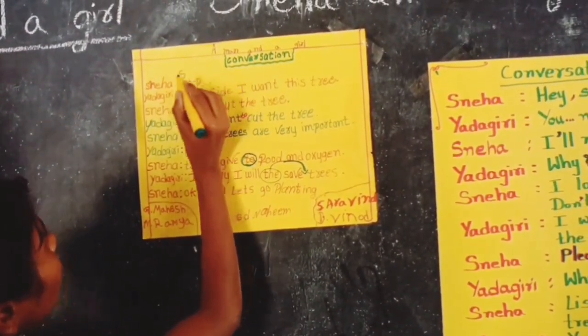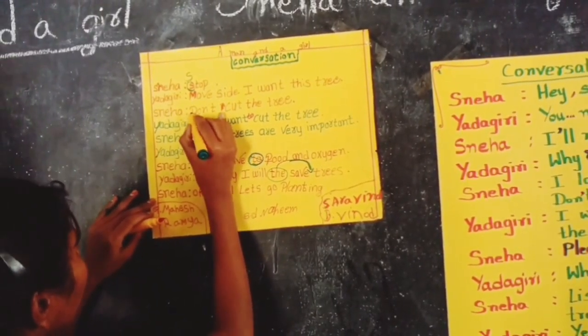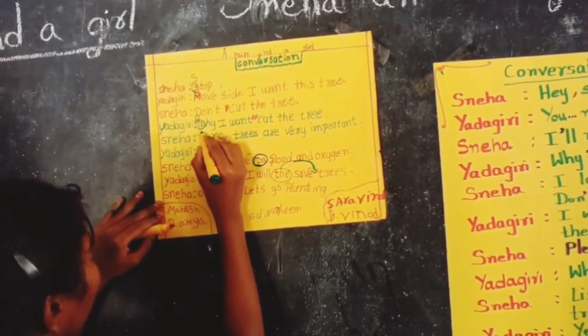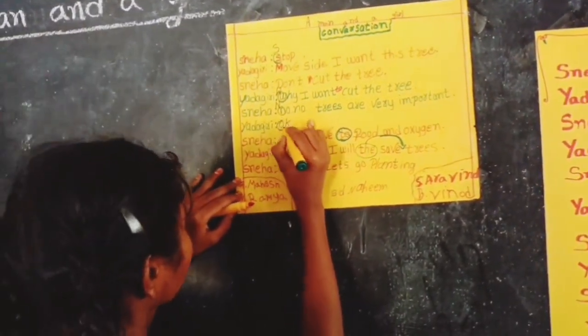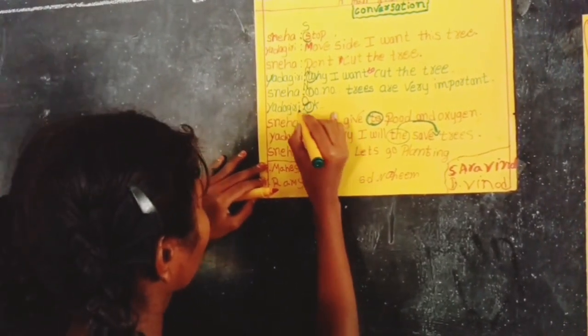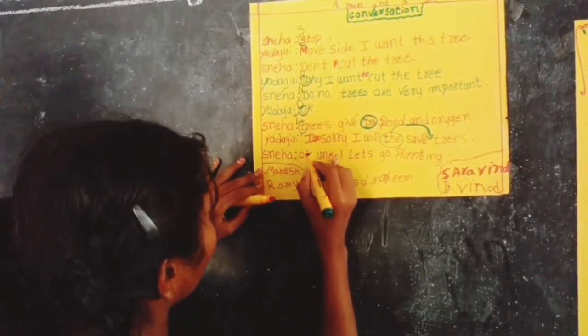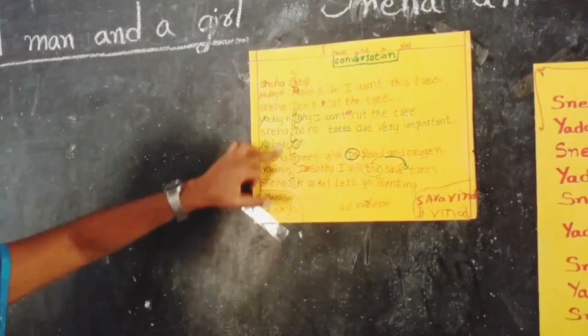So, capital S, very good. Beginning of the sentence. Okay, W capital. N also capital. O also capital letter. Trees, okay. So, we have to use a capital letter at the beginning of the sentences.